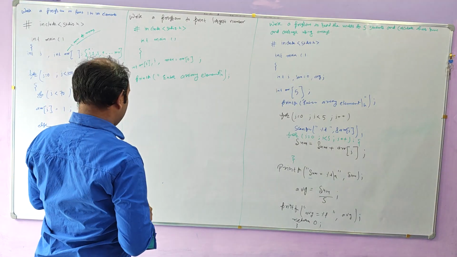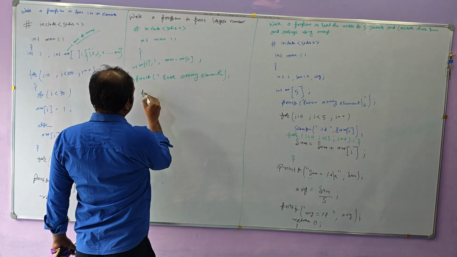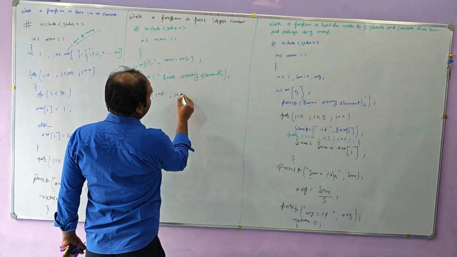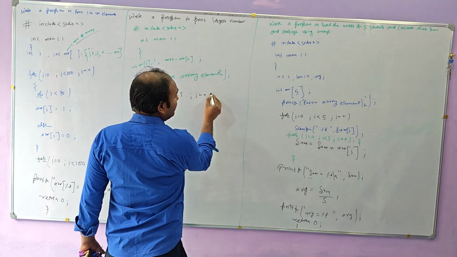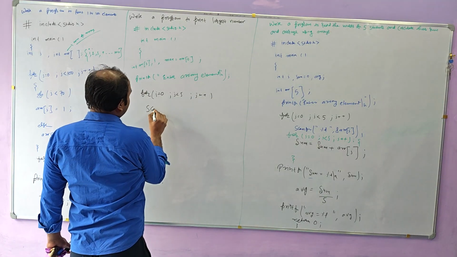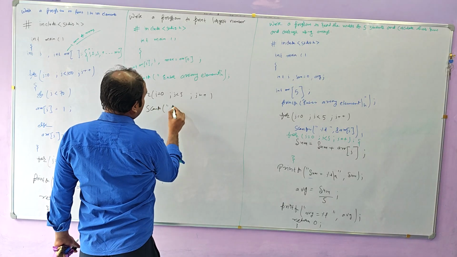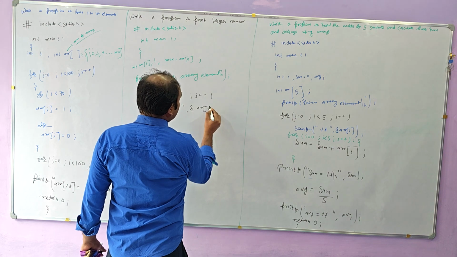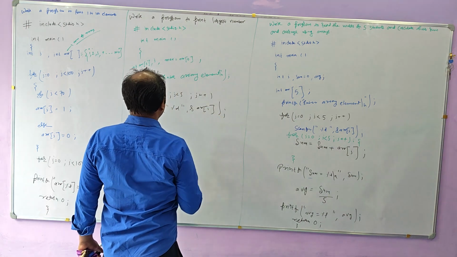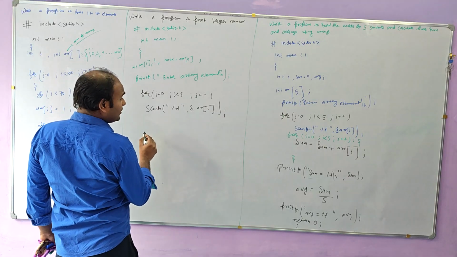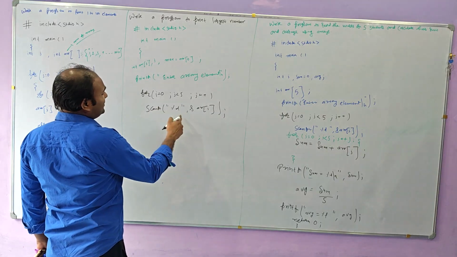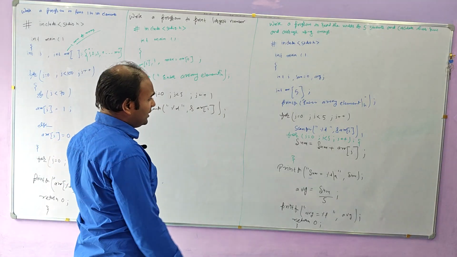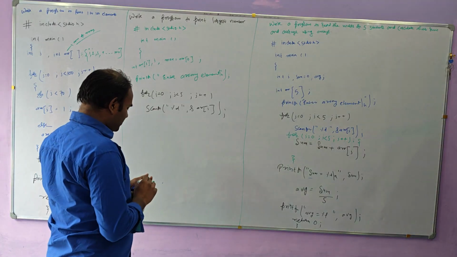And for input we are going to use for I is equal to 0, I less than 5, I plus plus, using scanf %d, address of AR of I. That's it. Now there is only one statement, so we don't need to use curly braces, otherwise we would need to use curly braces.